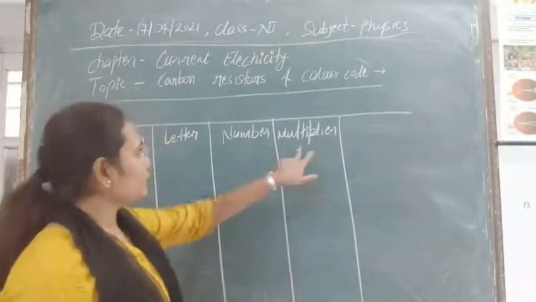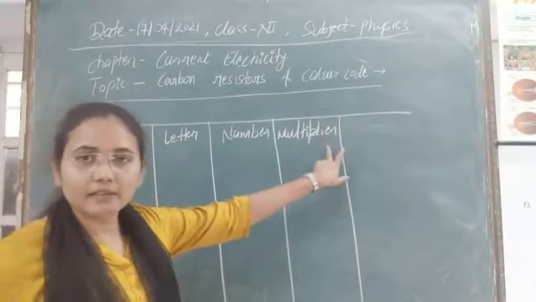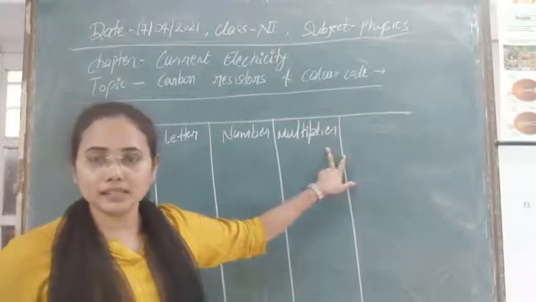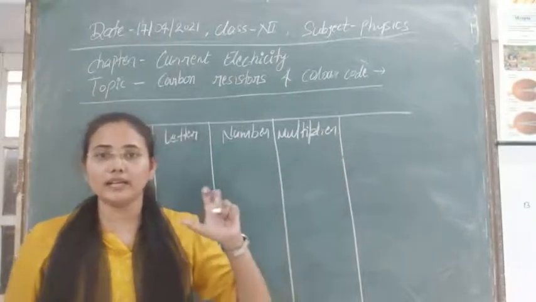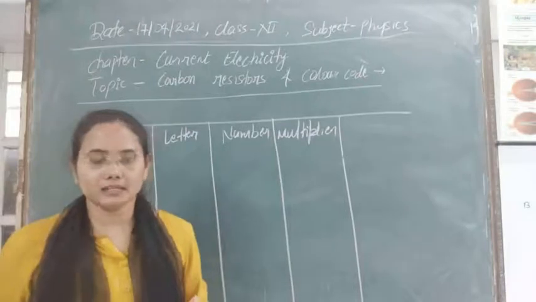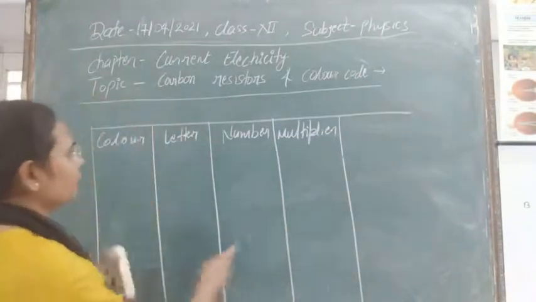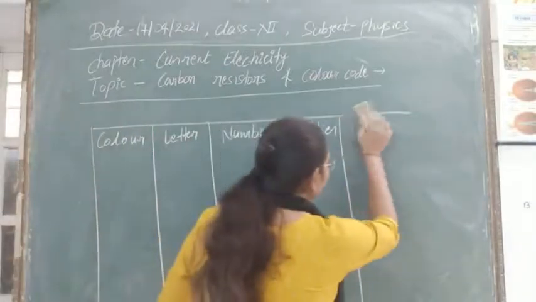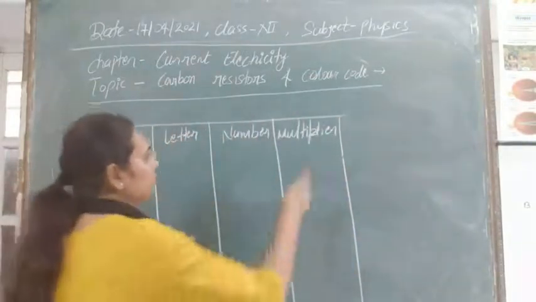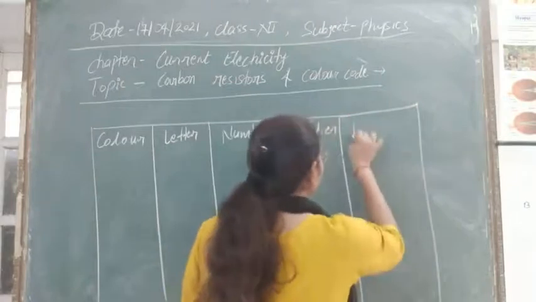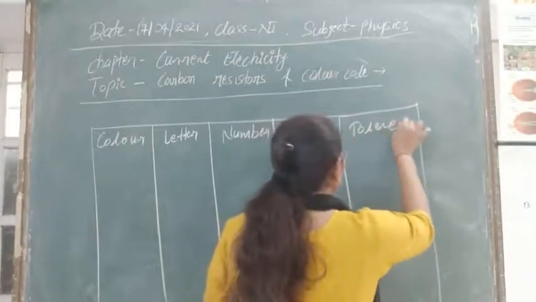Later I will tell you how we can detect the resistance by using the color encoding that is indicated on any resistor. And next, only these four things we have. And one more thing we have: tolerance limit, tolerance.